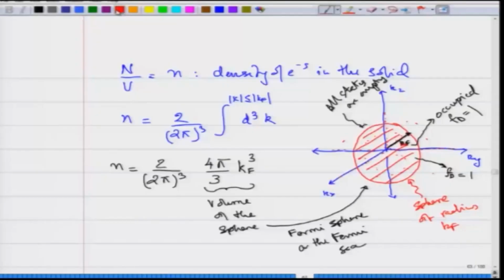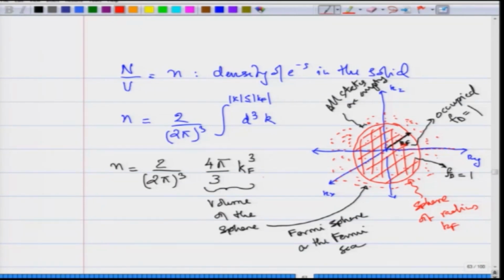There are discrete states all around. The difference is that the states outside the Fermi sphere are vacant, and those enclosed inside the Fermi sphere are fully occupied.